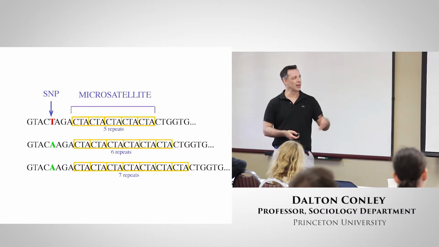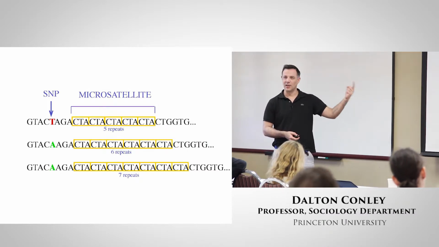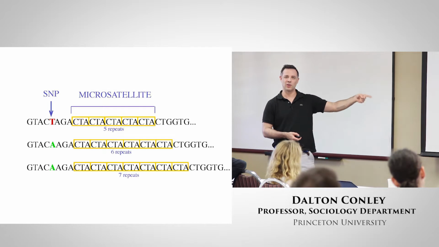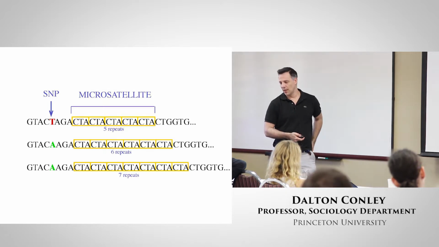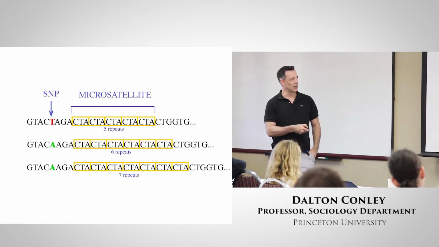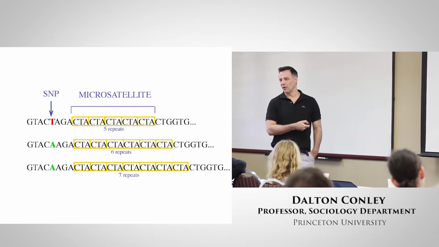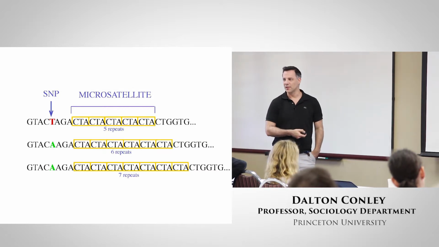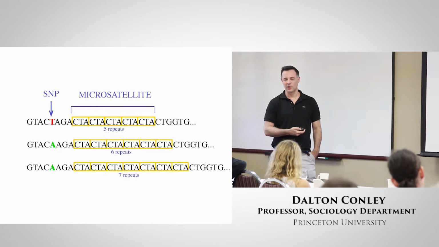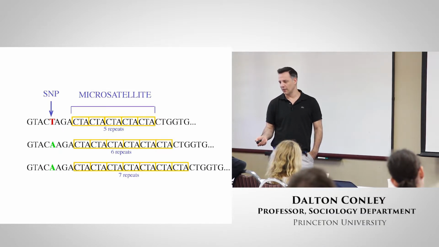They can be microsatellites, where a single motif is repeated different numbers of times in different individuals. I know that in some of the analysis you guys have done, you're looking at structural variants, but mostly we're focusing on single nucleotide polymorphisms in our construction of polygenic scores that you're going to spend a lot of time talking about.